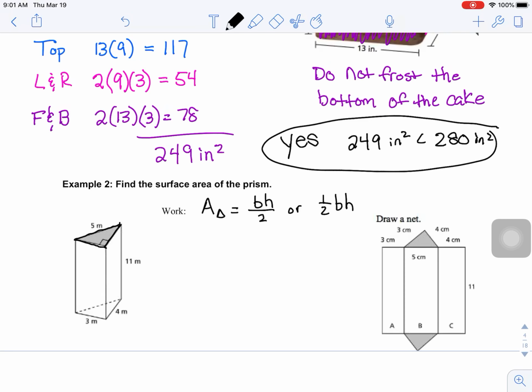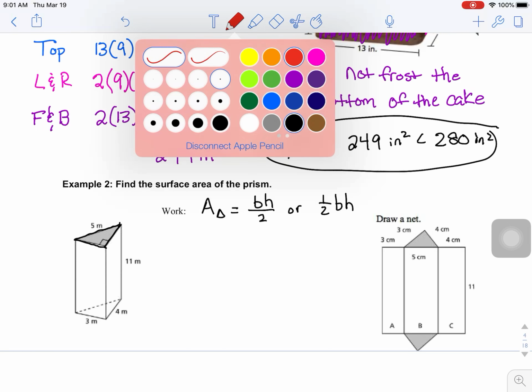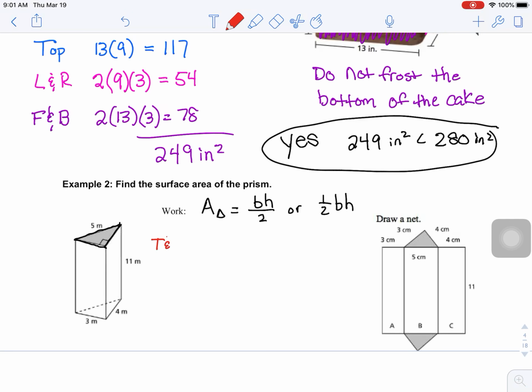Just keep that in mind when we're finding those bases. Otherwise, we're going to do our work the same. If I find top and bottom, my top and bottom are my triangle pieces here. There are 2 of them. So my formula was 1/2 base and height here. Remember, when we're looking at a triangle, the pieces that we need are the ones that form the right angle.